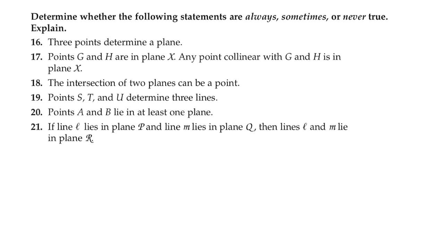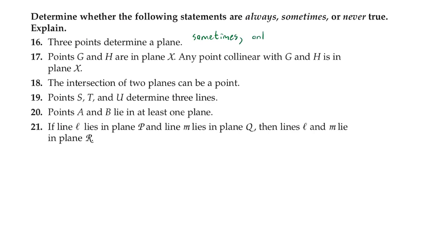So determine whether the statements are always, sometimes, or never true. I love these problems. Okay, 3 points determine a plane. Oh yeah, 3 points determine a plane, right? Not always. Determine means unambiguously choose one, and I could communicate that with someone else and we would both absolutely know we were talking about the same plane. So that's sometimes. And when does it not unambiguously choose a plane?